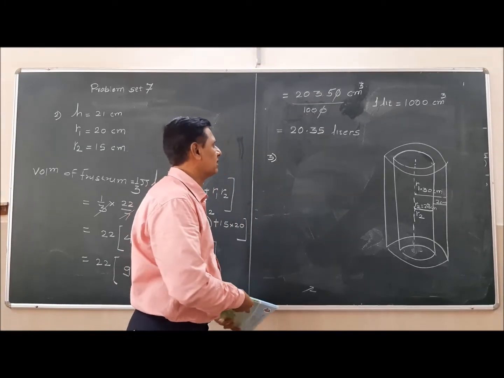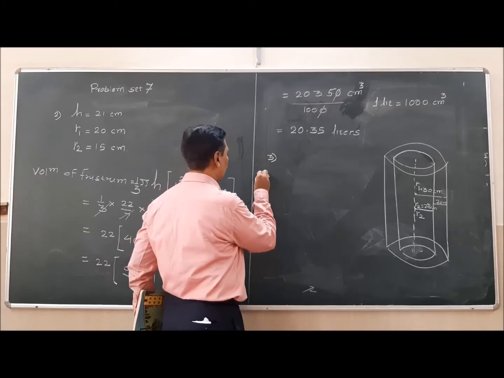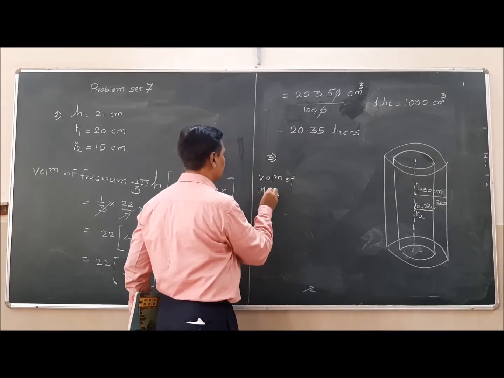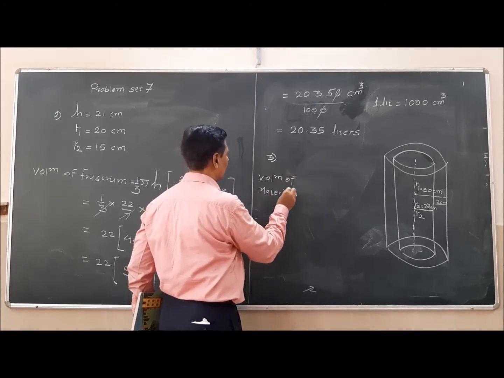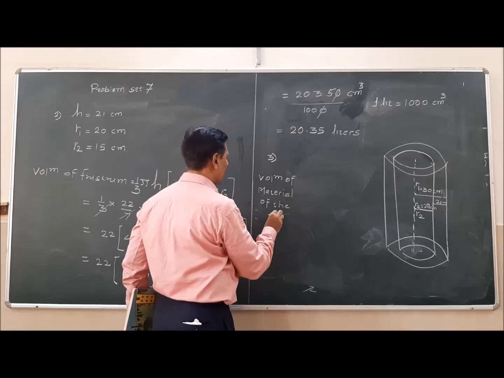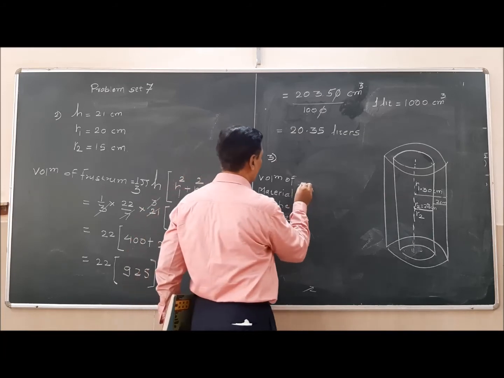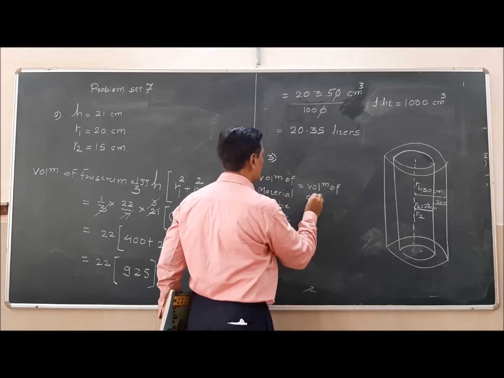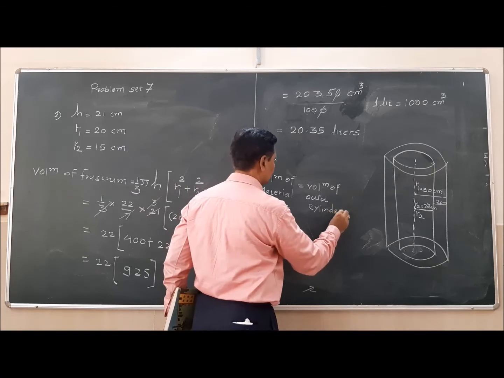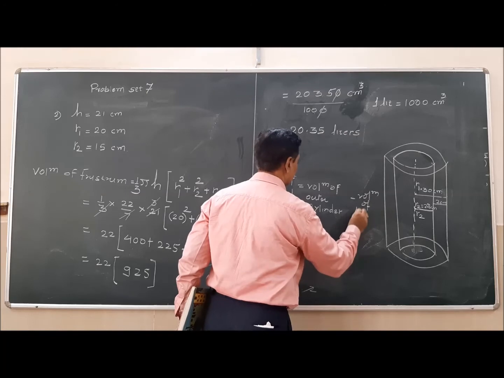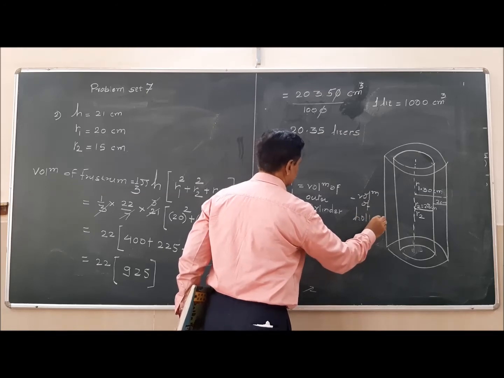So here the volume of material of the tube is the volume of the outer cylinder minus the volume of the hollow cylinder.